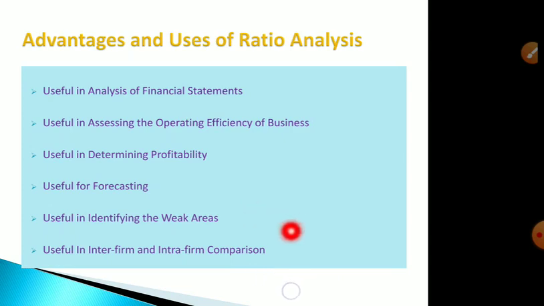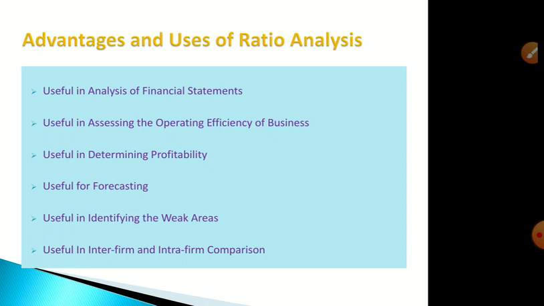The last point is useful in interfirm and intrafirm comparison. Comparison is when we are comparing the performance of one enterprise with the other. Inter-firm comparison means when we are comparing the performance of two different enterprises, that is, when two different enterprises or firms are compared to one another.